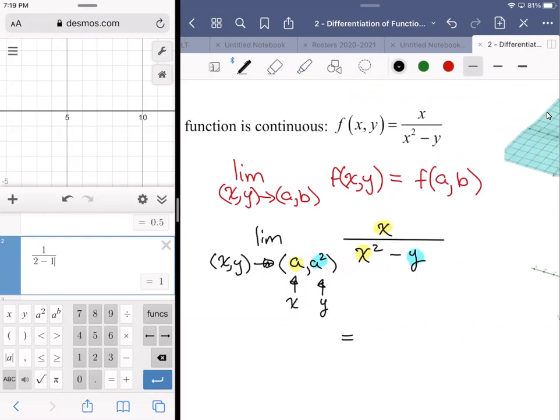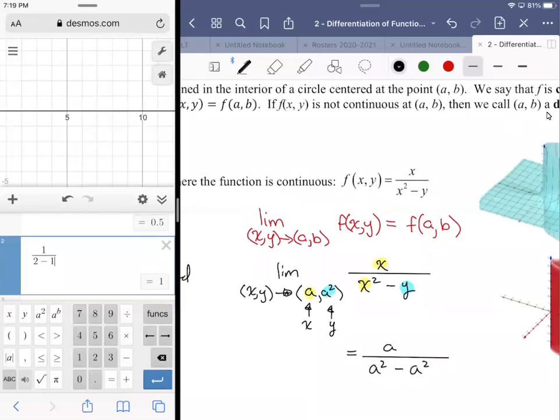So I'd be looking at a over a squared minus a squared, which is a over 0, which is undefined.